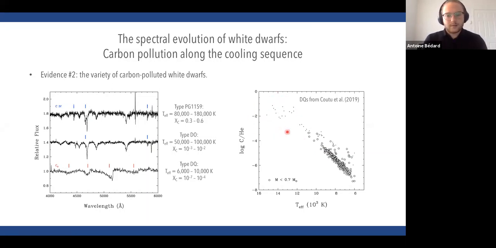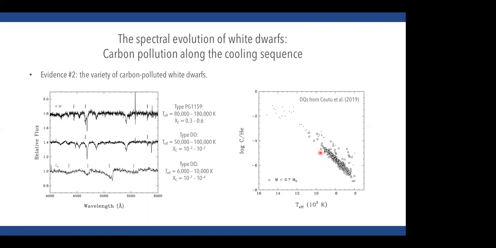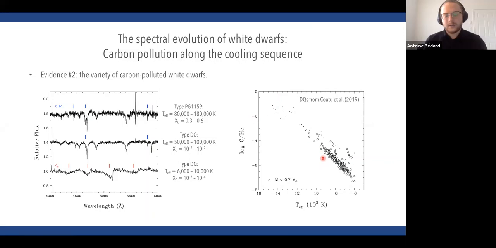These objects are much more massive and much more carbon-rich, and we believe that they are produced by mergers, so they are completely different from the classical DQs, and I'm only going to talk about those today.